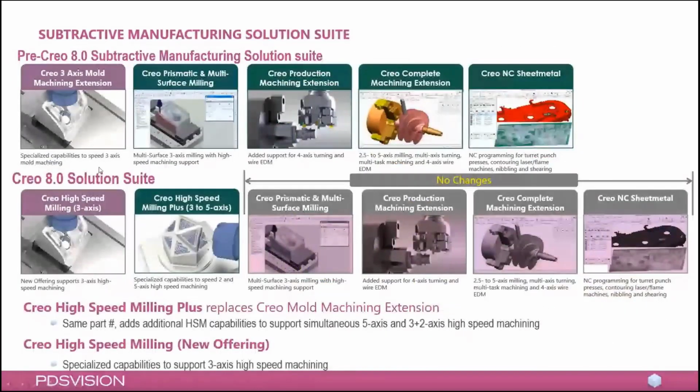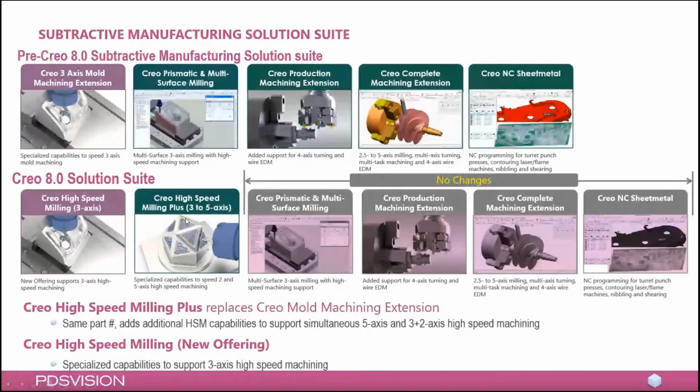and these are available for you if you happen to have this new product called Creo High-Speed Milling Plus. And what is happening in our product offering? Previously, we had this Creo 3-axis mold machining extension, and that name is kept for the 3-axis, but we also get a new one with 5-axis milling in here.